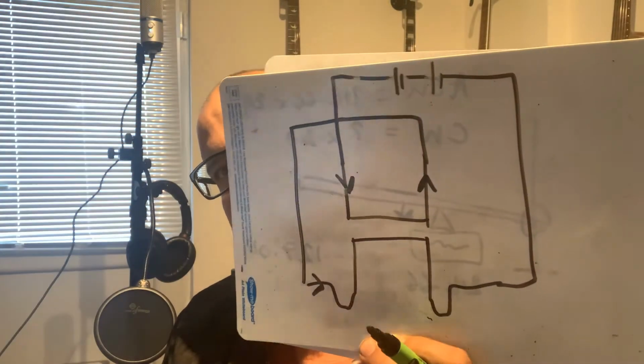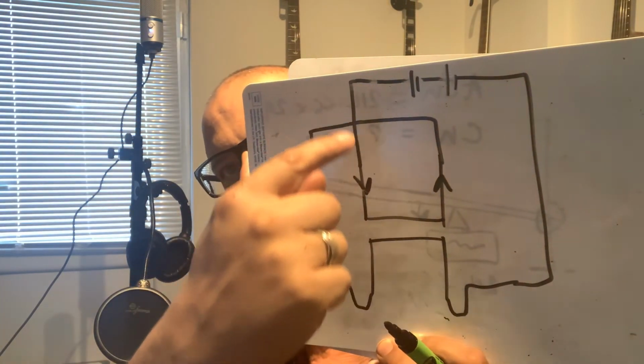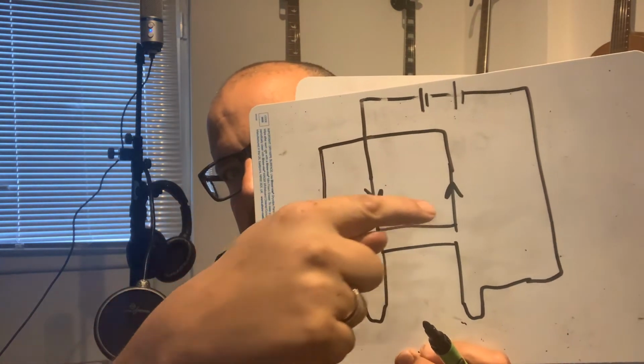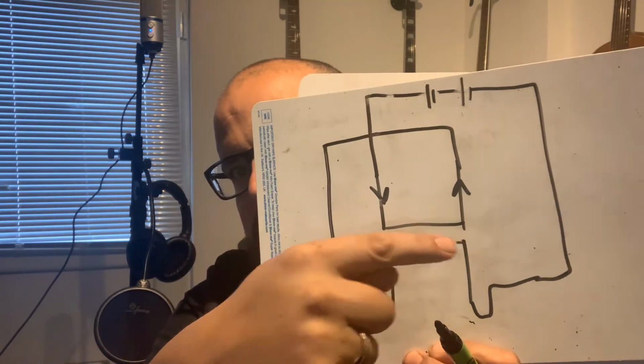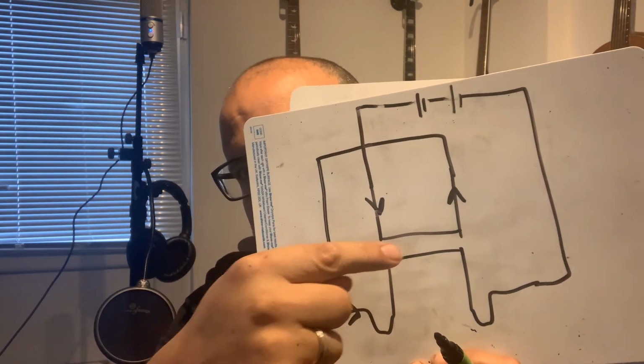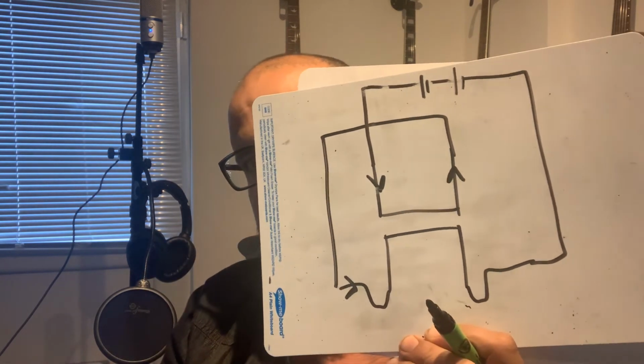Let me just draw those batteries on as well, actually. So we should have something like this. And what that means is it's one continuous loop round, but the current goes that way through that one, and of course it goes that way through that one as well. Okay, so that's all we needed for that. So that's possibly the easiest part of the question.